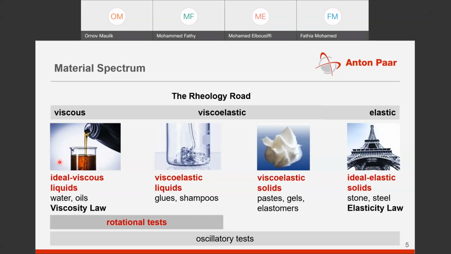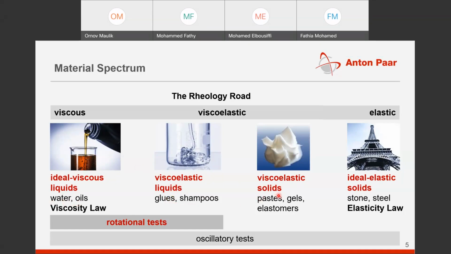Materials can be ideally viscous, like water and oils. Materials can be viscoelastic liquids. That means liquids which have some form of elasticity, or some form of structure present in them. The examples can be glues and shampoos.